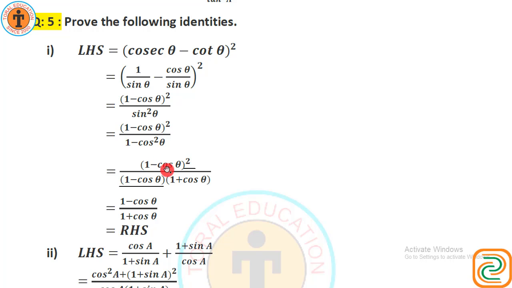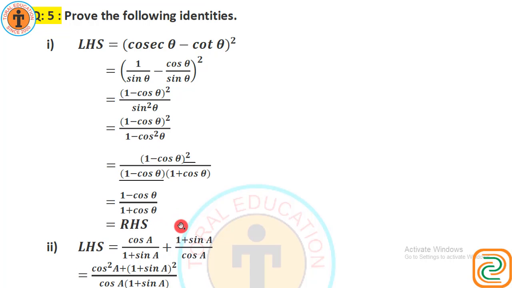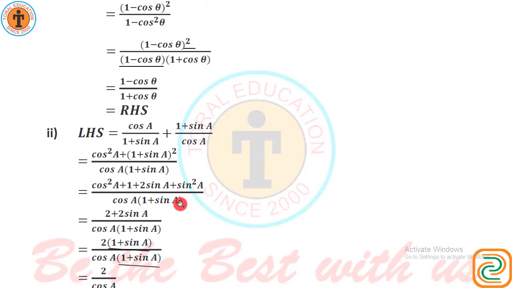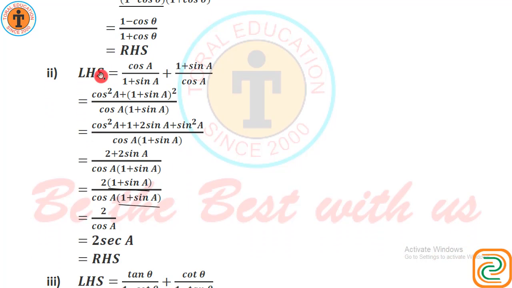So what is this? 1 minus cos theta upon 1 plus cos theta. This is our answer. This is RHS.